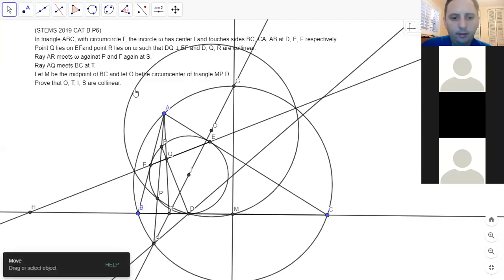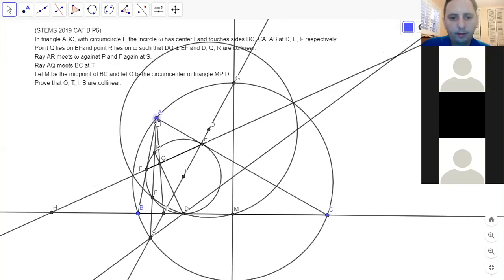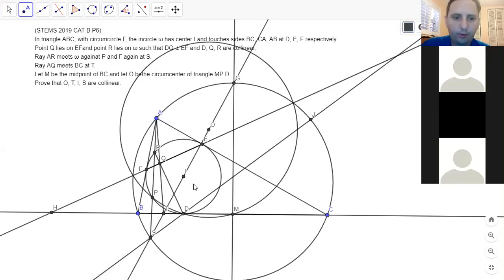Let's see, does SD, because it's well known that if we let SD intersect the circle at J, then AJ is parallel to BC. If that were true, then it would follow, because it's well known that angle ASG is angle GSJ.